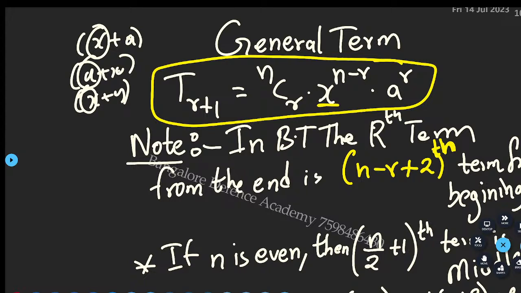Some textbooks will write y to the power of n minus r because that is how they follow it. Some people on YouTube will say I have a new formula, put y in place of x and x in place of a, and students copy it, thinking it's a new formula, but it is one and the same. Now let us try to solve a question.